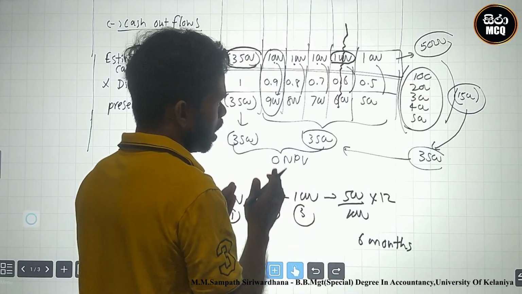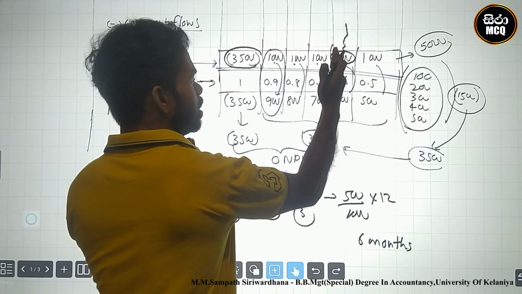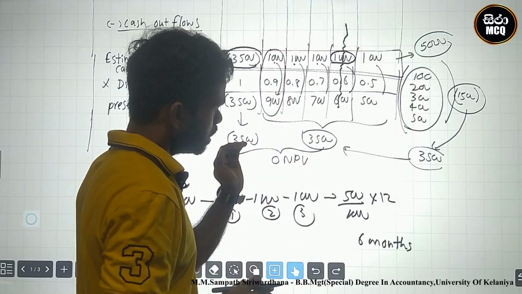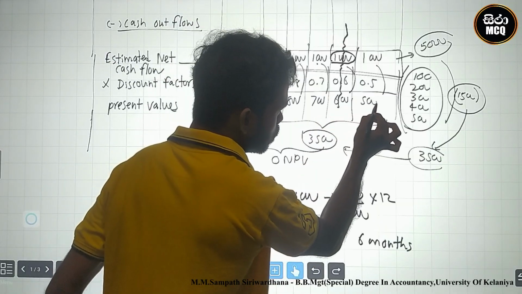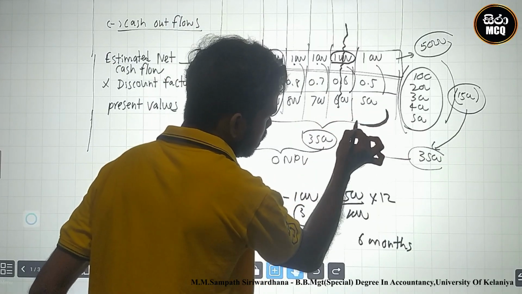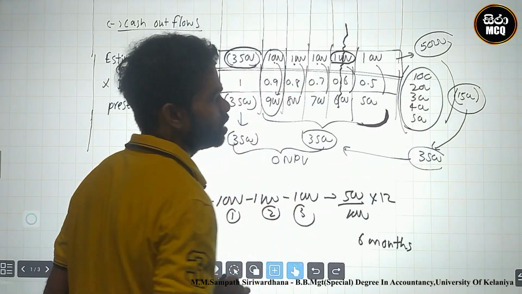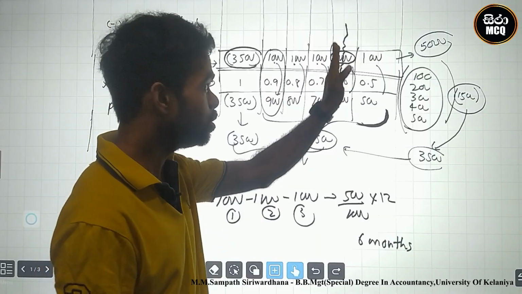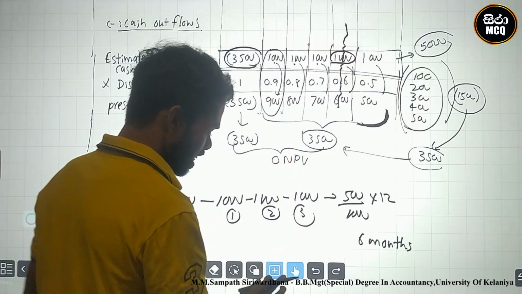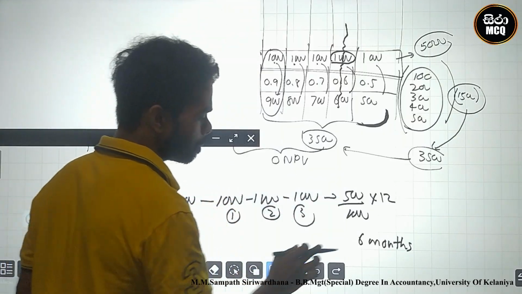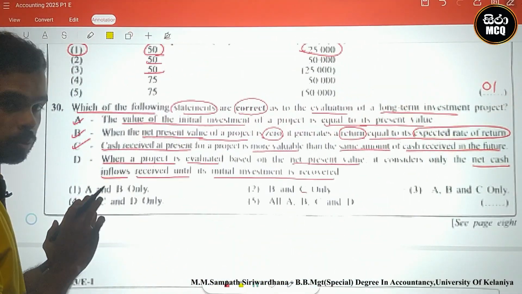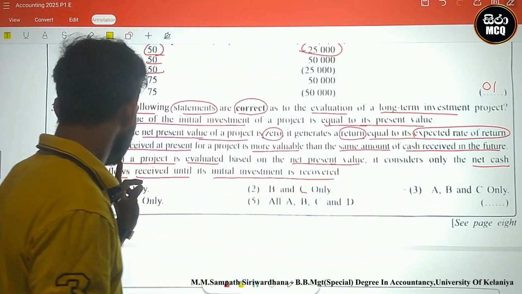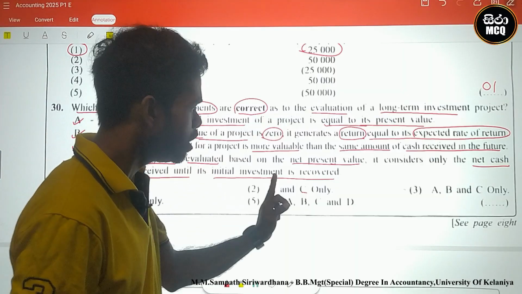Therefore, they said that cash inflows until the initial investment was covered are considered in NPV. No, look here, the cash inflows until the end of the project we must consider. They said only until the payback period. Therefore, this is incorrect. We consider all years' cash inflows.